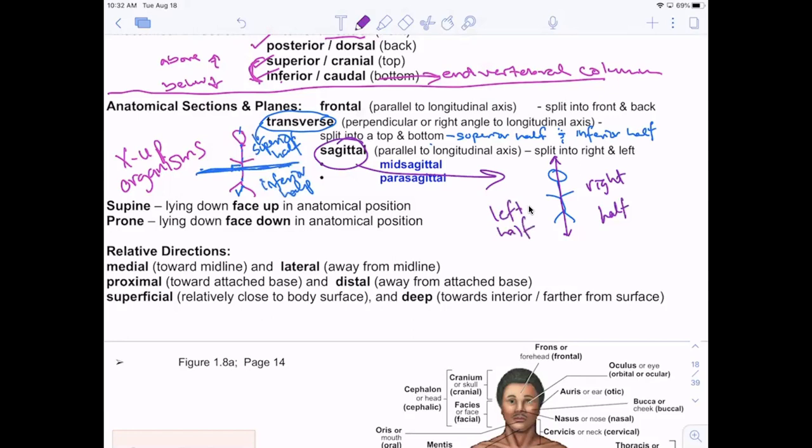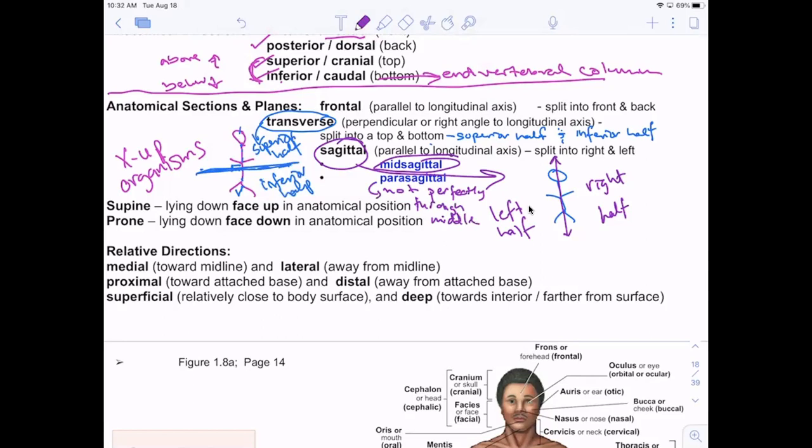So it's down through the organism. Now, if it's directly in the middle, it's called a mid-sagittal. If it's not perfectly through the middle, it's called a parasagittal.